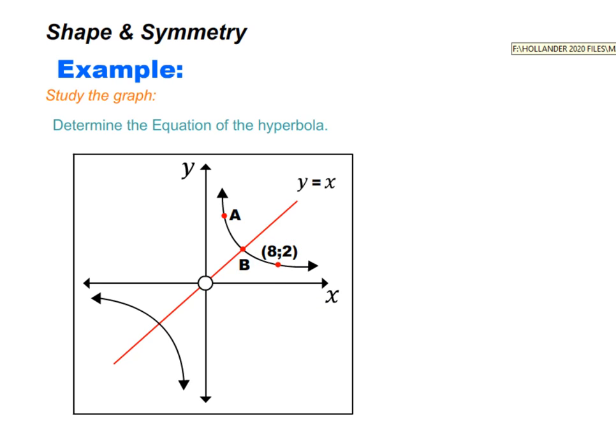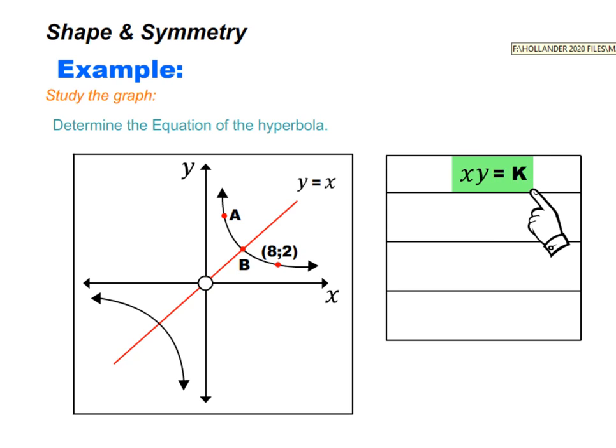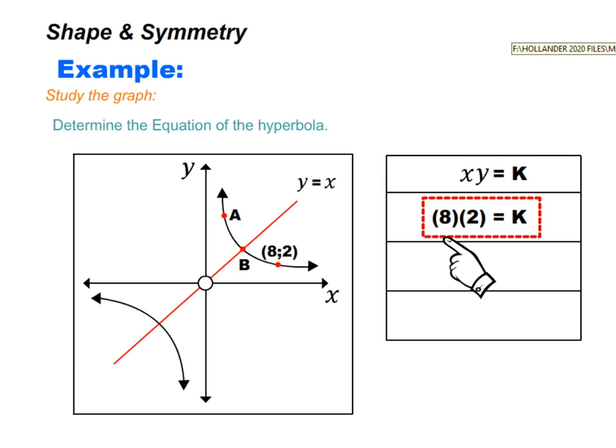Let us write down the defining equation of a hyperbola, which is xy is equal to k. In the place of x, let us put 8. And in the place of y, let us put 2. So far we have 8 multiplied by 2 is equal to k.